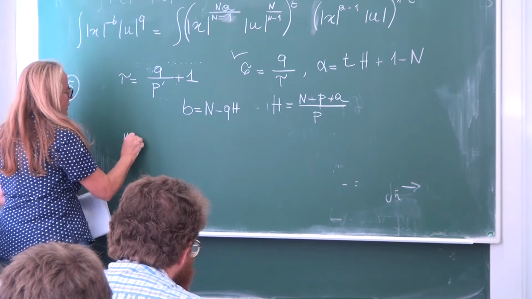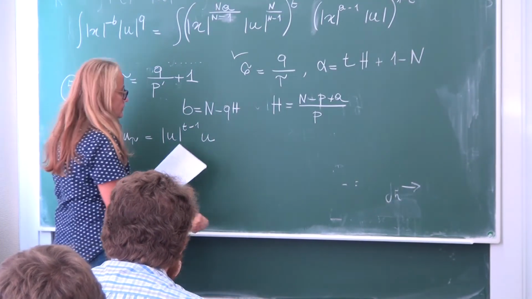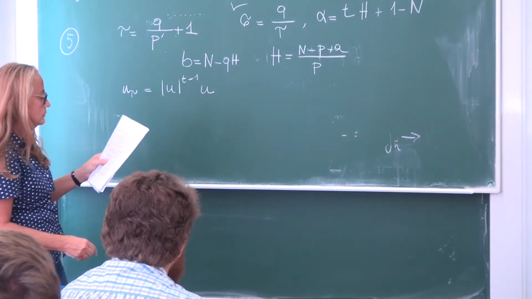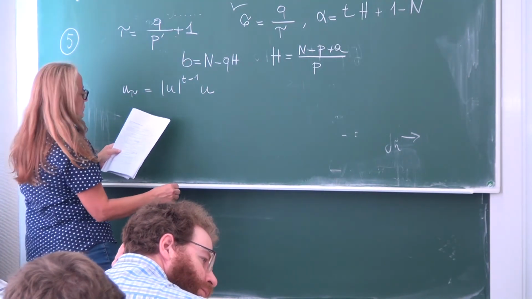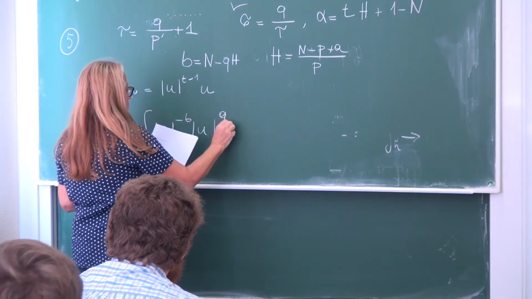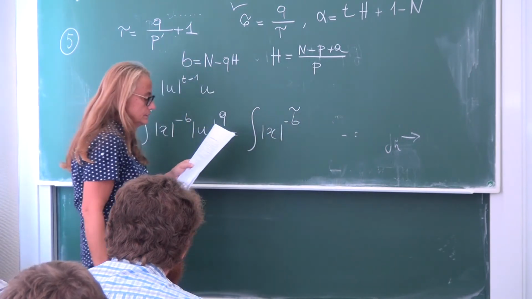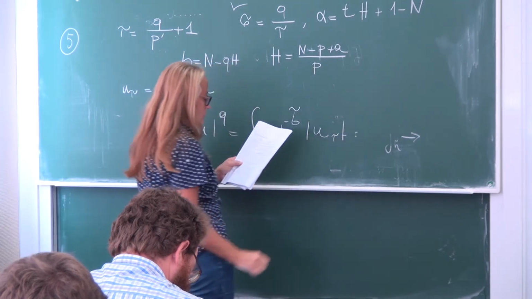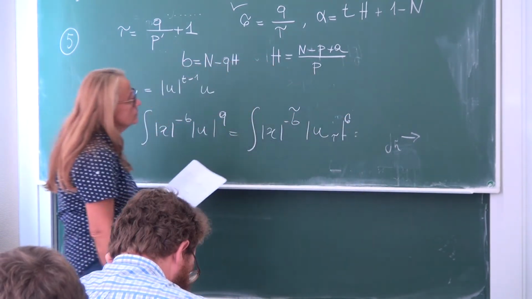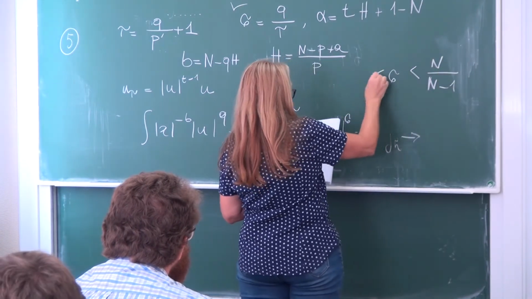Then you define u sub tau, some power of u, and you apply the equality 4 with some gamma, some b tilde, u tau to the power sigma, where sigma turns out to be between n over n minus 1 and 1.